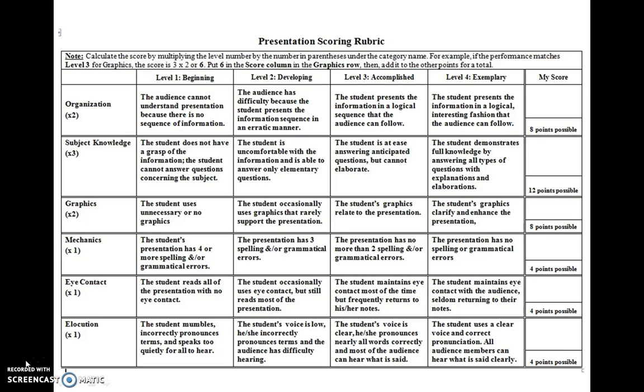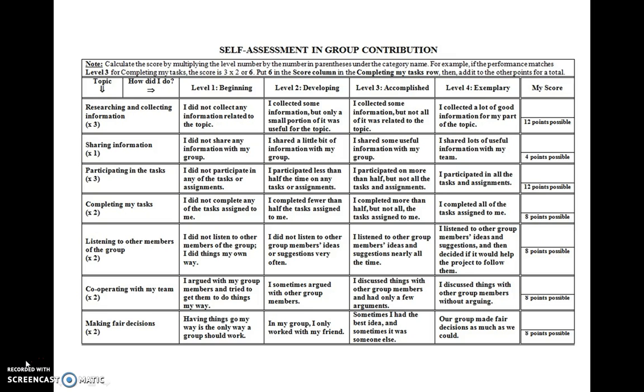This is the presentation scoring rubric, which contains 6 criteria: organization of the presentation, the subject knowledge, graphics, mechanics, eye contact, and elocution. And this is a self-assessment in group contribution. Also, the students will have to assess themselves on several criteria.